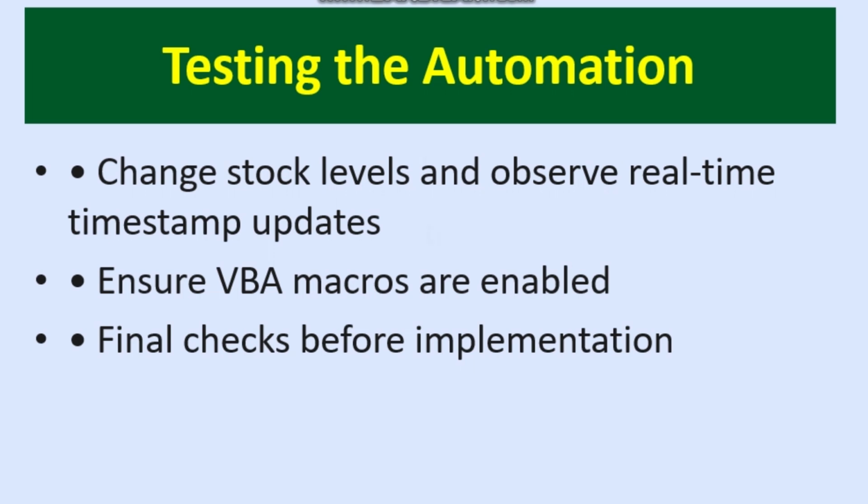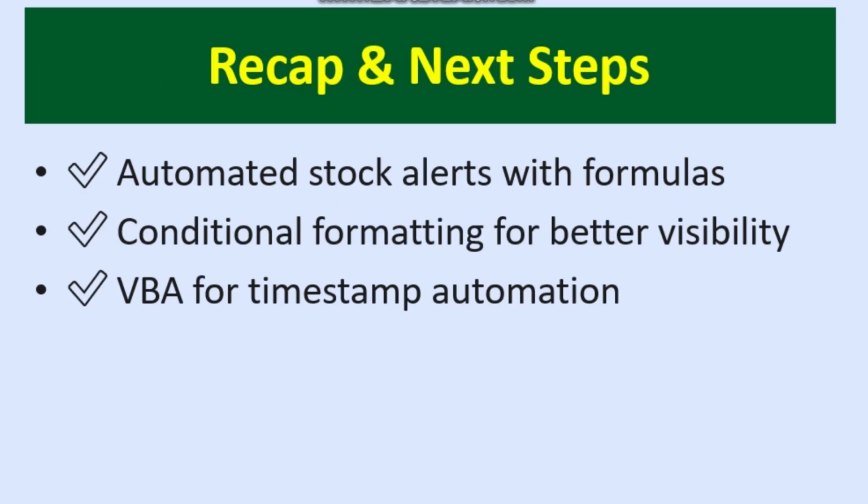So we've managed to come up with automated stock alerts with formulas, conditional formatting for better visibility, and also VBA for timestamp automation. This system ensures real-time tracking, saves time, and improves accuracy.